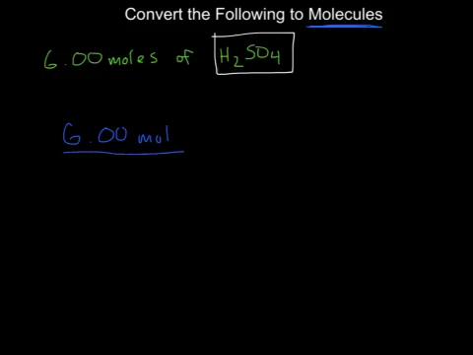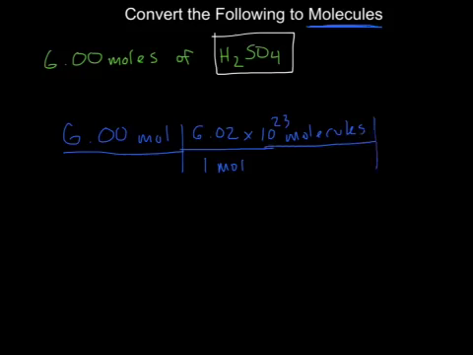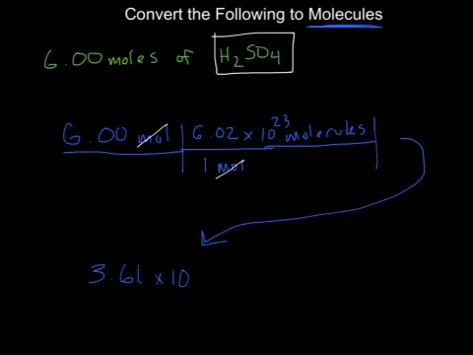We'd have 6 moles, alright, and we know that at 1 mole there are 6.02 times 10 to the 23rd molecules for every single compound on the periodic table. So what do we do? 6 times Avogadro's number. Let's make sure I have enough space to write our answer, which will be 3.61 times 10 to the 24th.